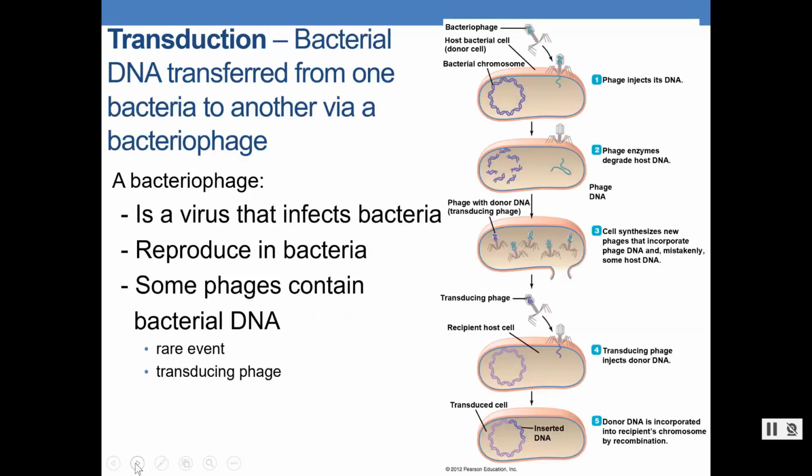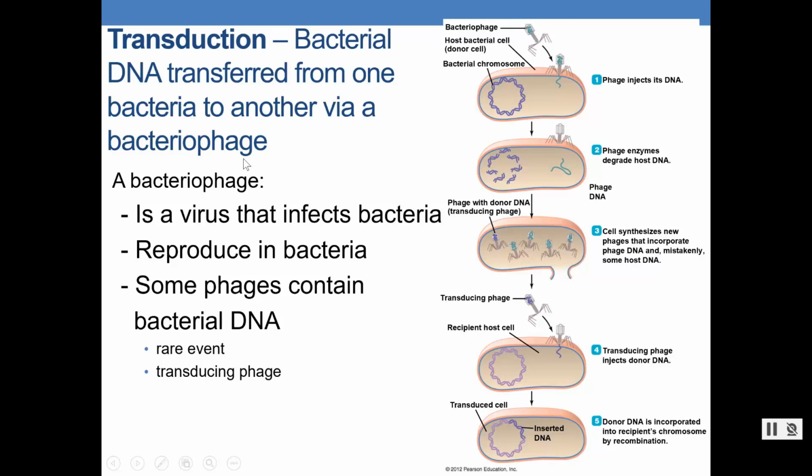What you need to know about transduction is it involves a virus. We're going to look at this in a little more detail in the viral chapter. But for right now, this is a case of horizontal gene transfer where parts of bacterial DNA get transferred from one bacterium to another via a bacteriophage, which is a name for a virus that infects bacteria.